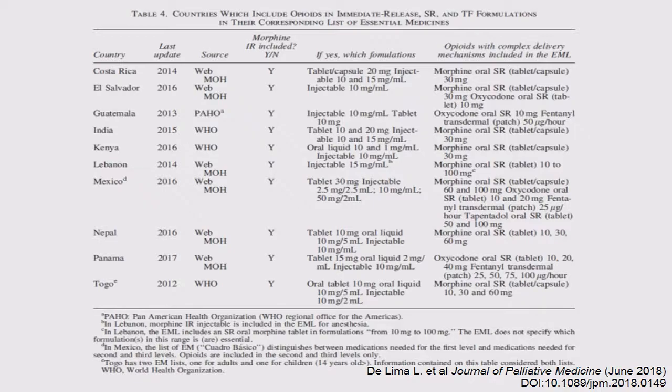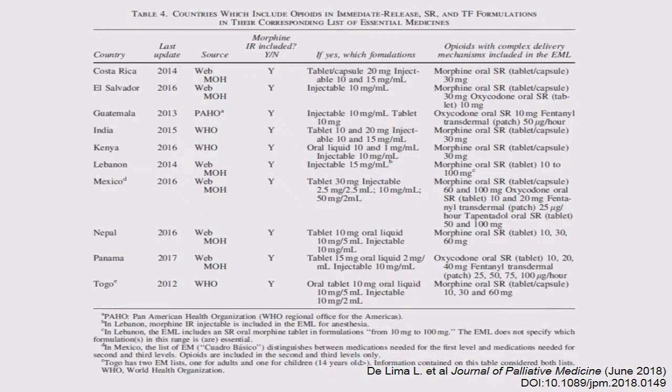This is a table of an article that we published recently, where we did an analysis of the cost of medications in countries where there were medications under patent with complex release systems, transdermal or sustained release, compared to morphine of immediate release, either oral or in vials.